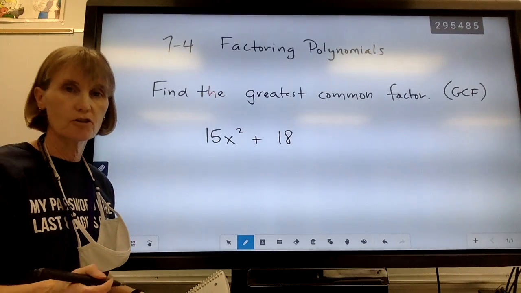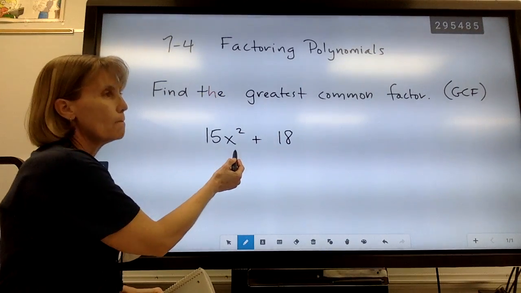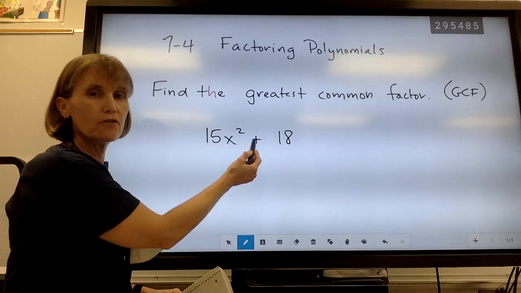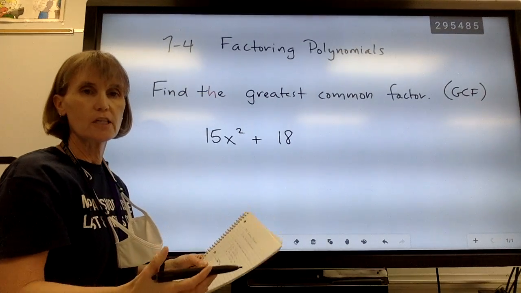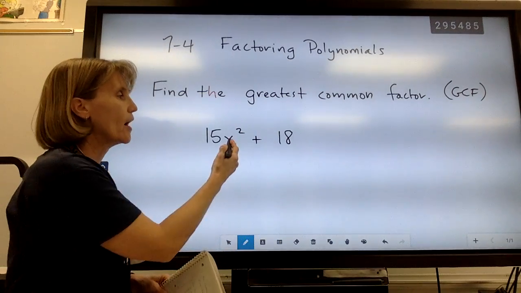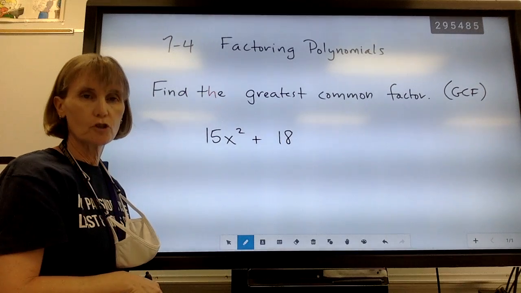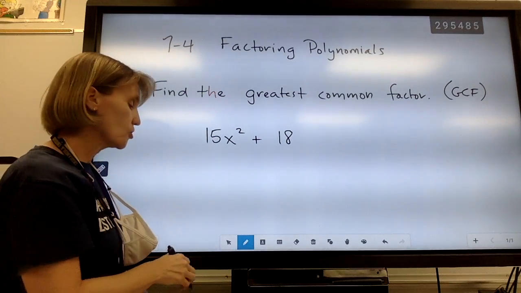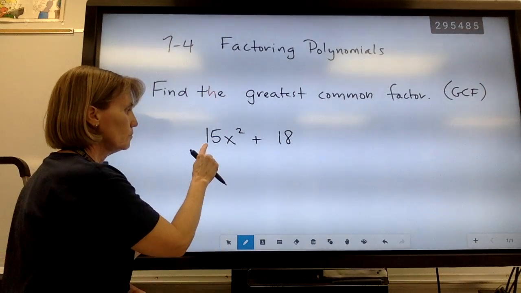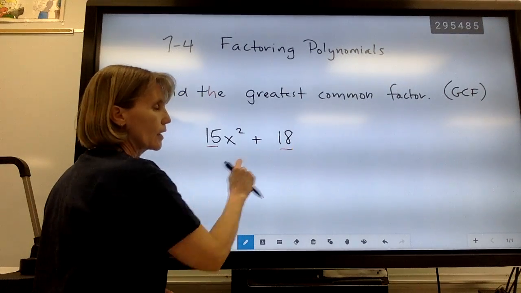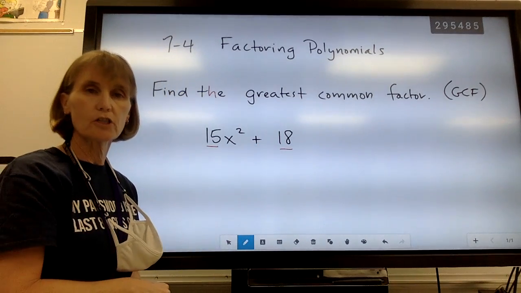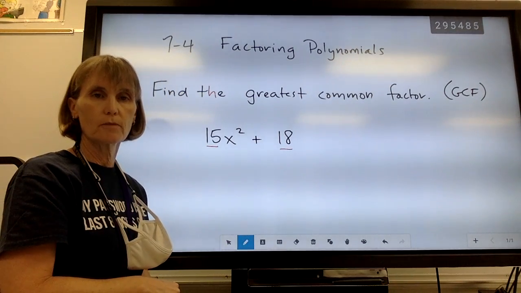And what you want to ask yourself is what monomial would divide into, what's the largest number, largest variable that would divide into both of those terms? Okay, so let's start with the coefficient. Coefficient of 15, and we've got a constant of 18. What's the largest number that divides into both of those?